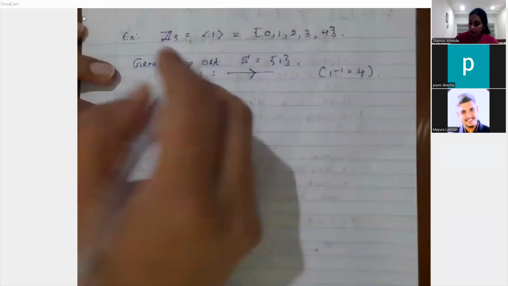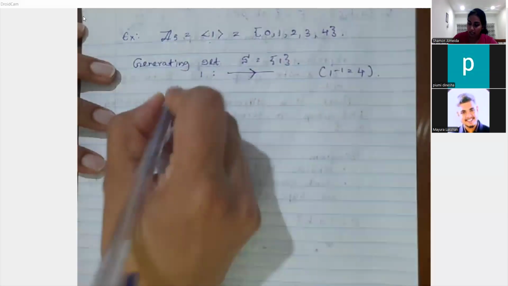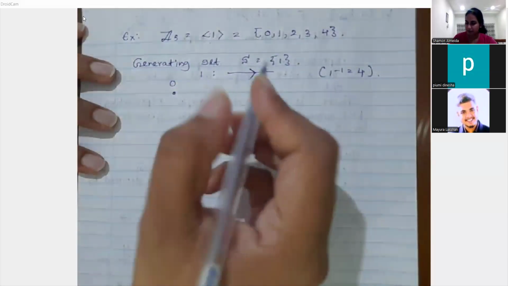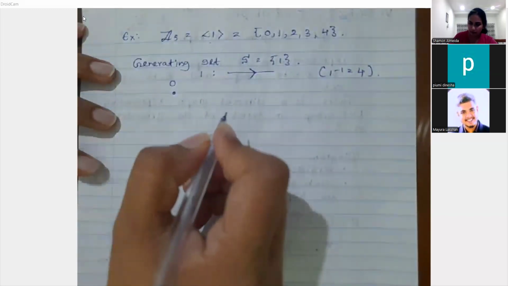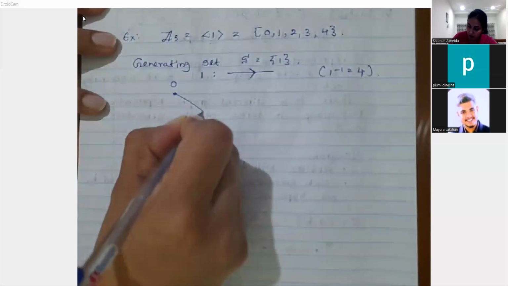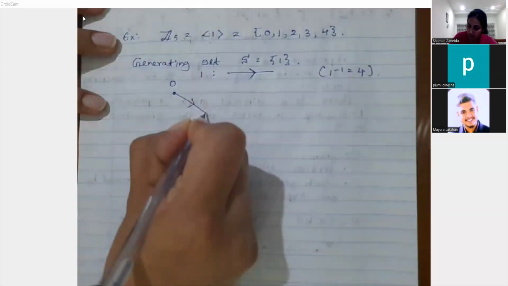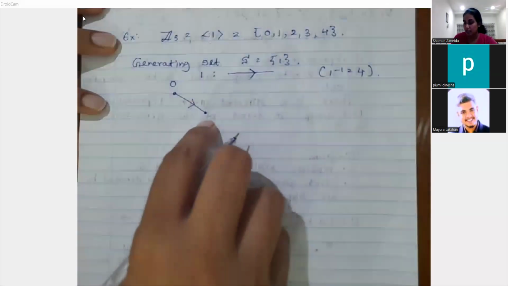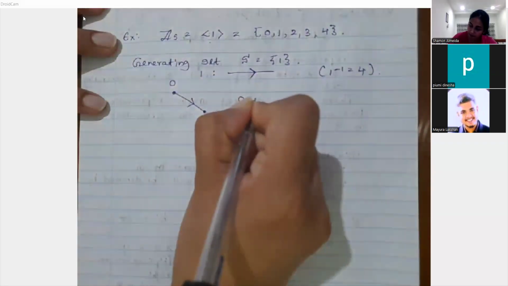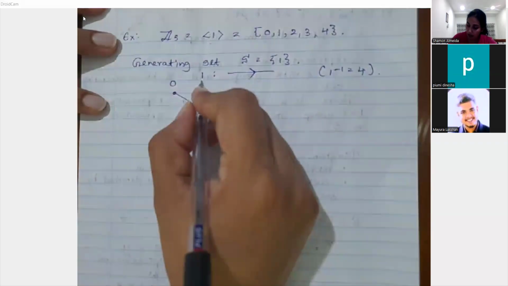First, we start off with 0. If I take this edge from 0, what is the other element that should pop up here? We have 0 times 1.